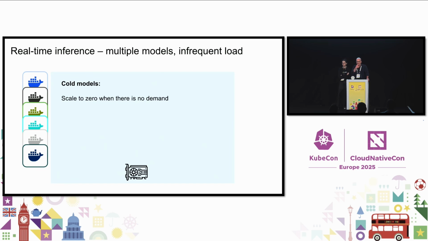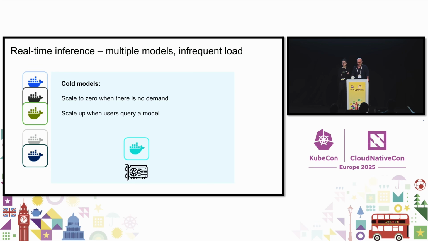Another use case is code models, or multiple models that need to be served to different users, but with infrequent load, right? Just infrequently, users are accessing one of those models. So what you will want to do is scale to zero. Use scale to zero and put all of those models in some storage and spin a replica up when users are querying that model.